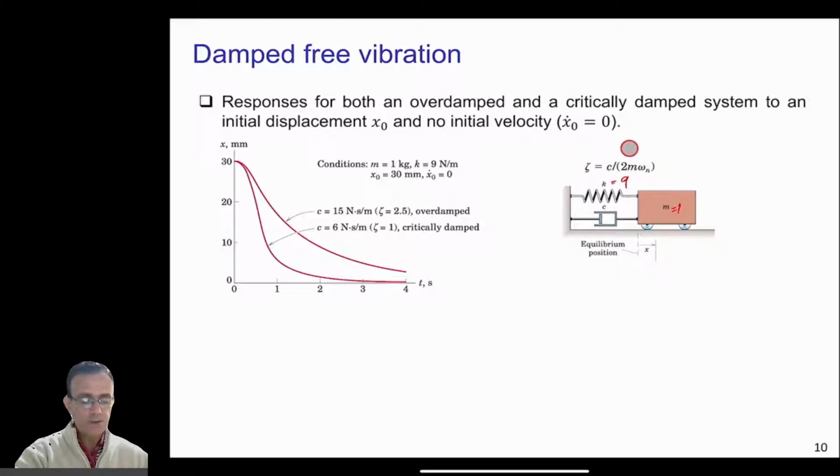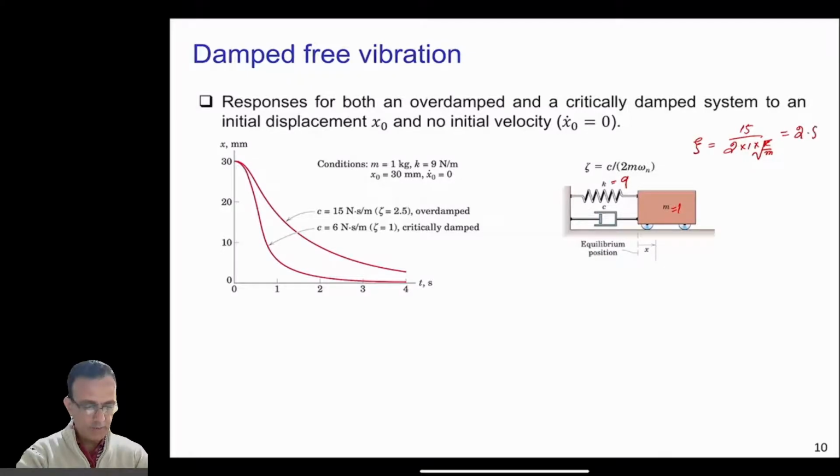So from here you can calculate zeta. For example, if you use c equal to 15, you calculate zeta as 15 divided by 2m, where m is 1, and then omega n, which is the square root of k divided by m, and obviously we know k and m, so we can calculate zeta here.